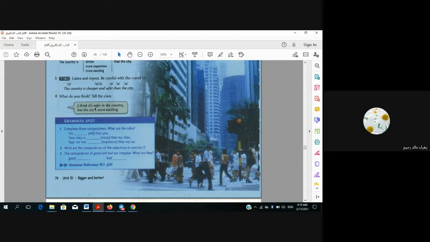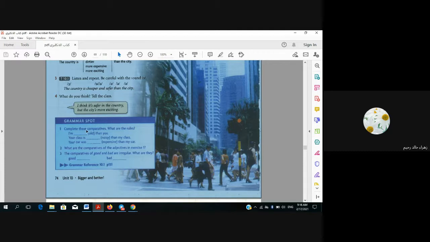But why in the first adjective we put er, but in the second adjective we put more before the adjective? Both are comparative. For one syllable we add ER, and for two syllables or more we use more. Yes, your name? Fatma Hasoon. Very good. Excellent.